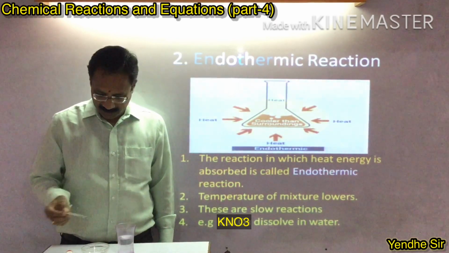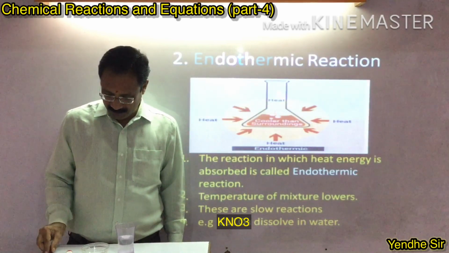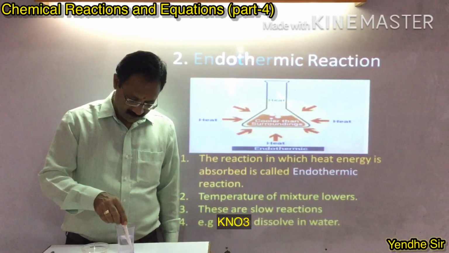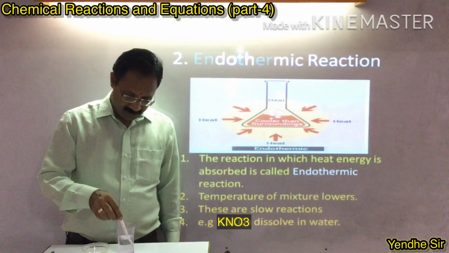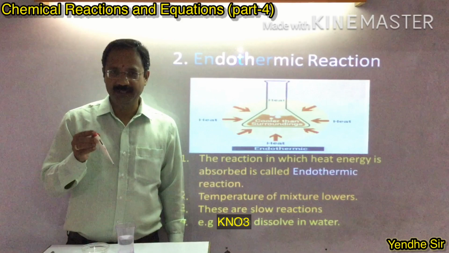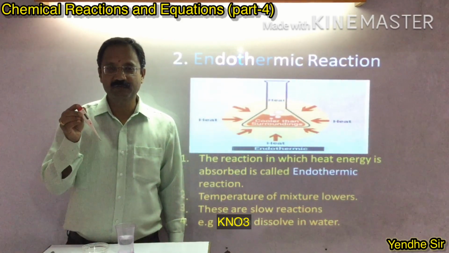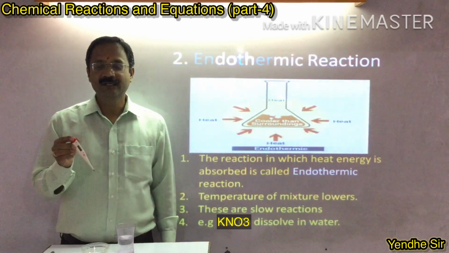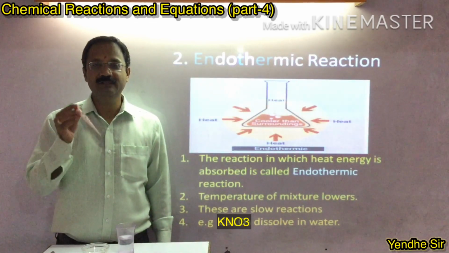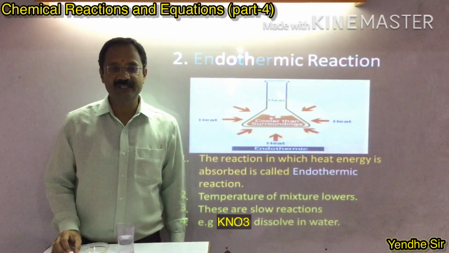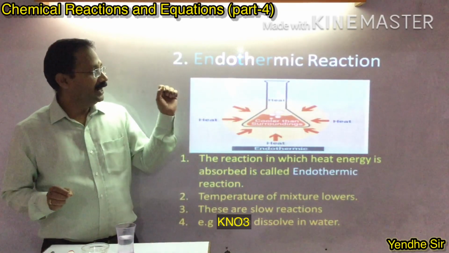Now let's see the temperature of the mixture. See, the temperature of the mixture is 18 degrees Celsius. It means the temperature of the mixture has decreased, and that's why this reaction is called an endothermic reaction.